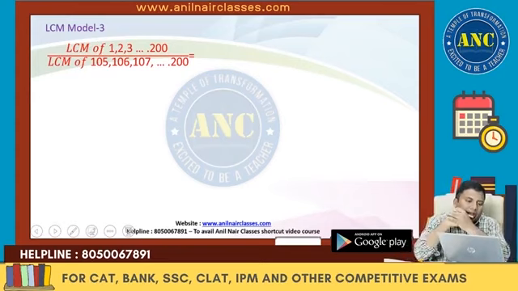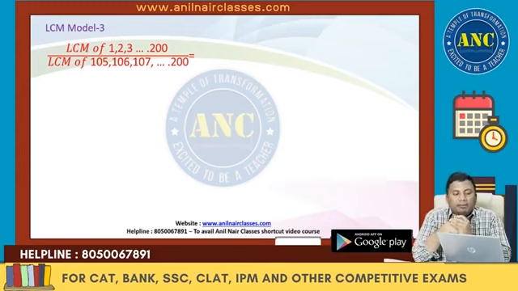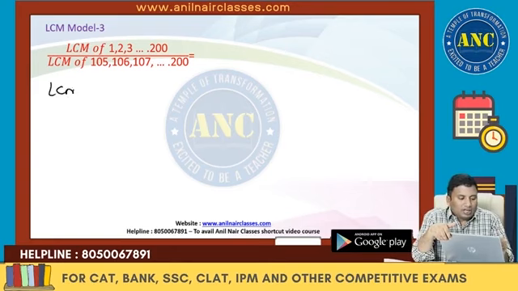I kept this question because so many students have asked me to repeat it on WhatsApp. LCM of 1, 2, 3 till 200 divided by LCM of 105, 106, 107 till 200.